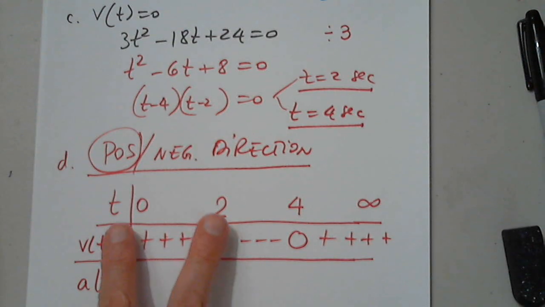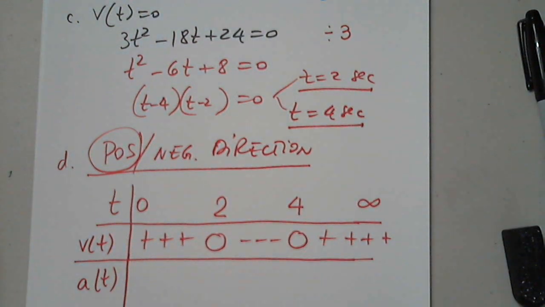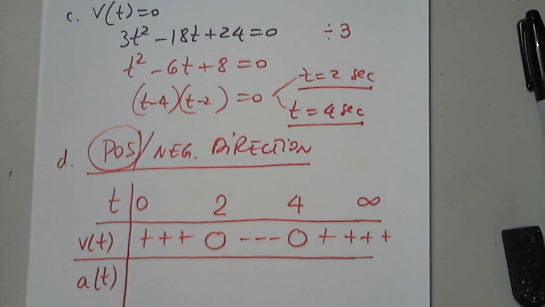Positive direction between 0 and 2, positive direction between 4 and infinity. When is the particle going in the negative direction? Coming back, in other words, if you want. Between 2 and 4. Awesome. Excellent. Stop me if you have questions, please.